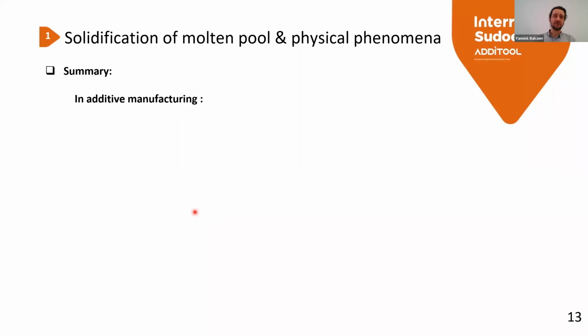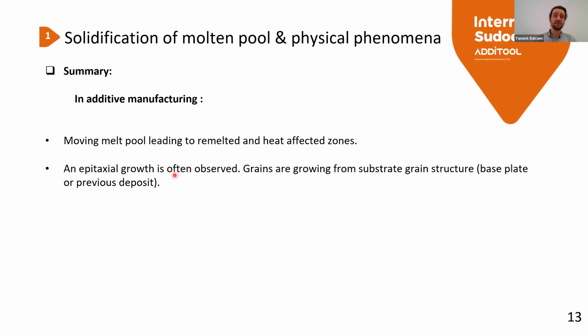In summary, to get a brief summary of this aspect in additive manufacturing, we can think that we work with a moving melt pool, and remelting and heat affected zones in this material. We have an epitaxial grain growth, generating a grain structure from the substrate to the top of the part, and we have a strong anisotropy in these materials.